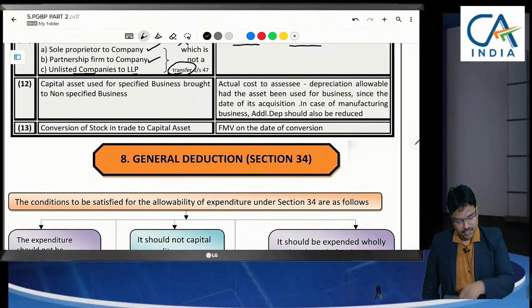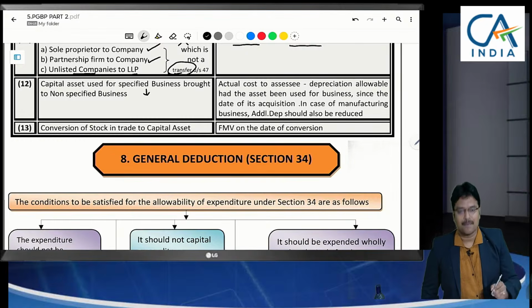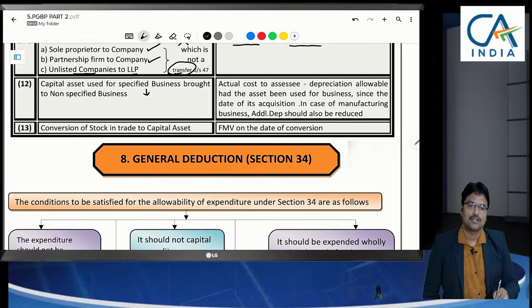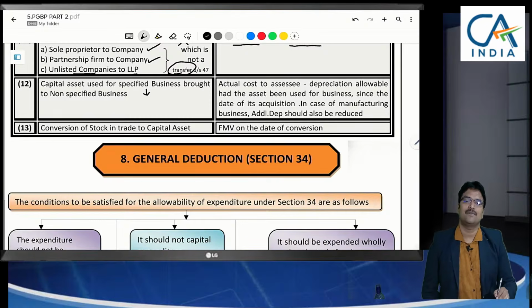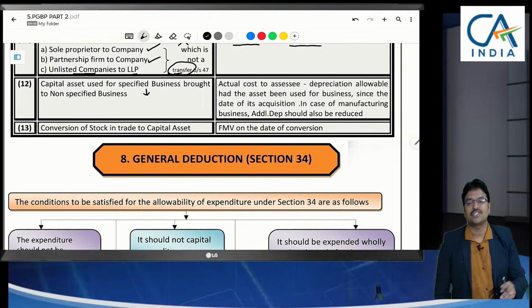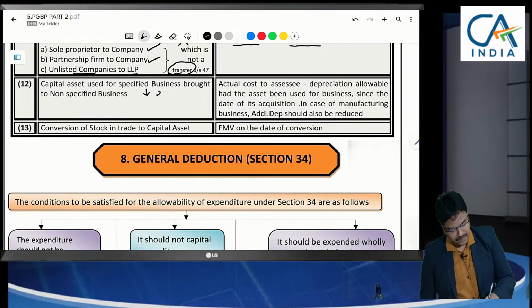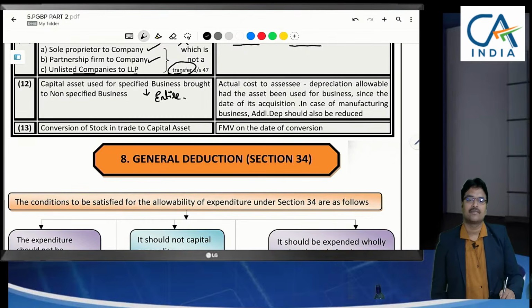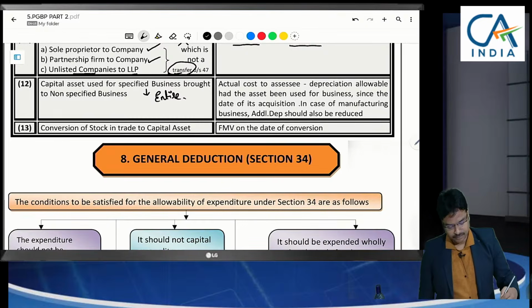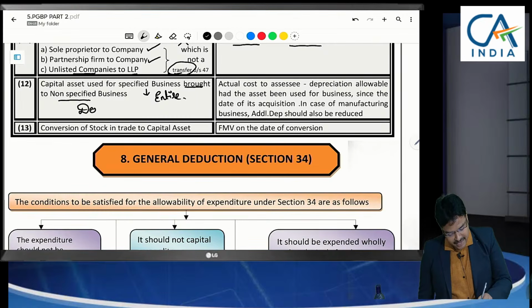Next, specified businesses like manufacturing of fertilizers, those 10 specified businesses we will learn in next session. There you can claim entire cost as deduction. If that is brought to normal business, then deemed business income will come into existence.